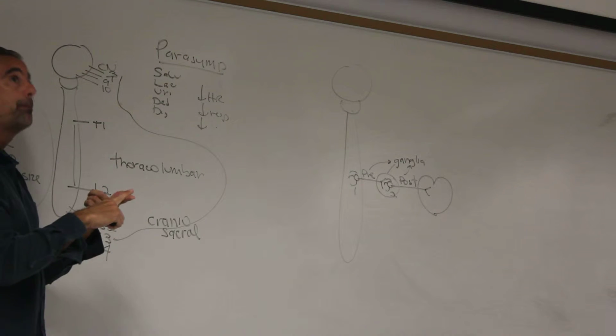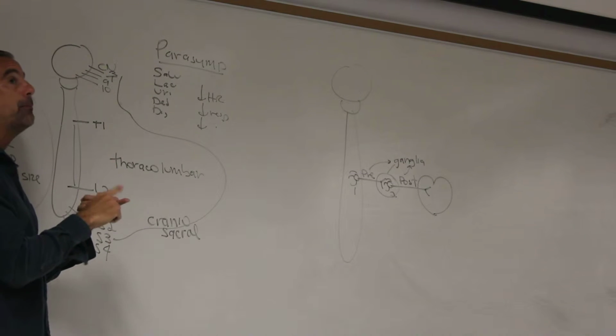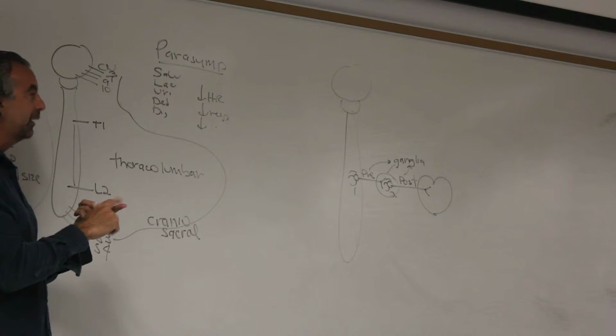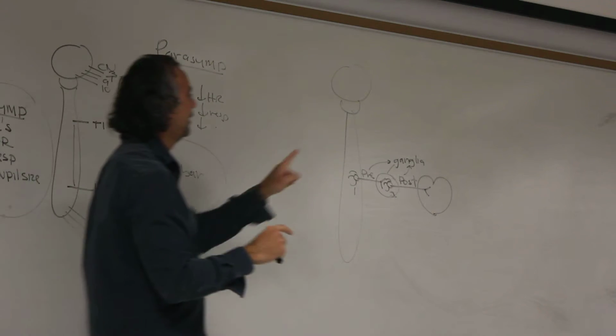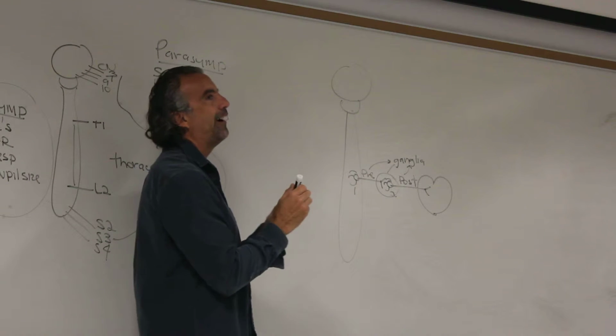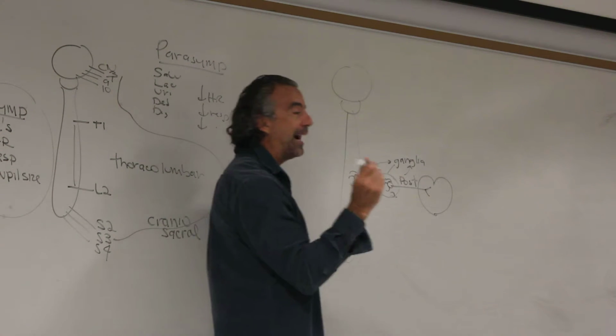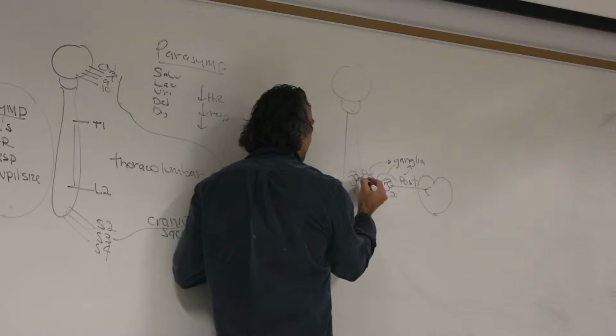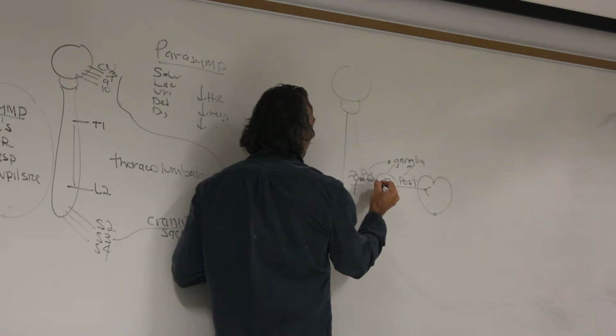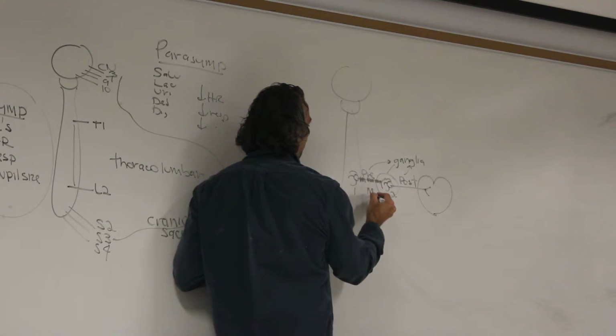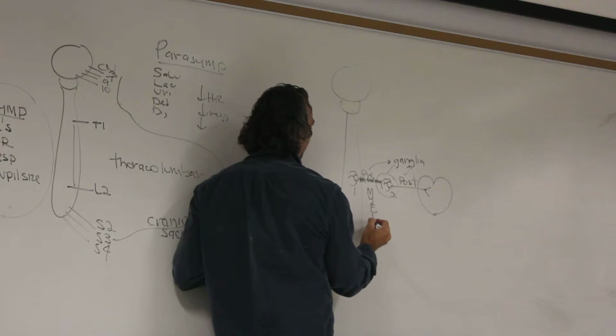So you should know pre-ganglionic. These are my motor neurons now, right? So pre-ganglionic motor neurons. Are they myelinated or unmyelinated? Myelinated, right? They're always myelinated. So my pre-ganglionic, always myelinated. So down here, yep, they have myelin.